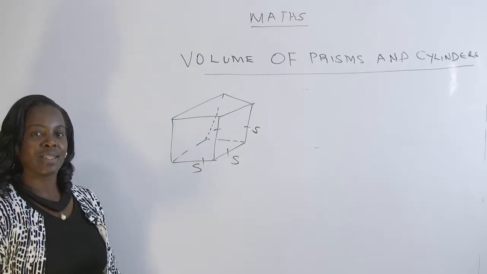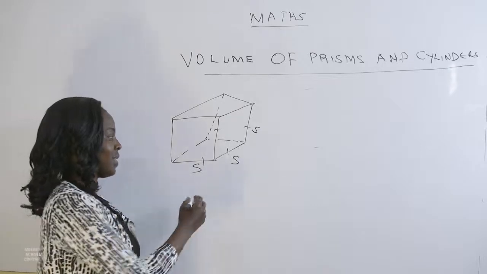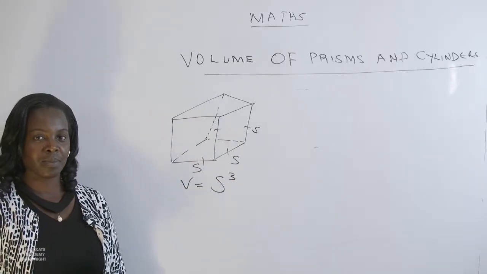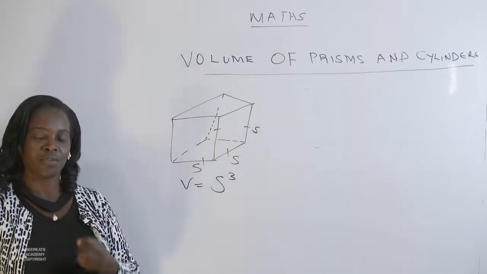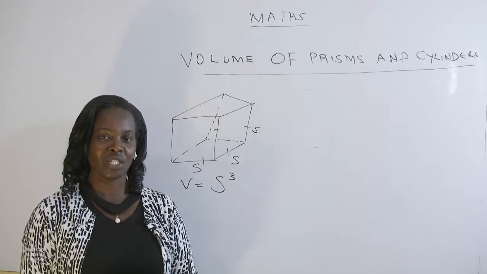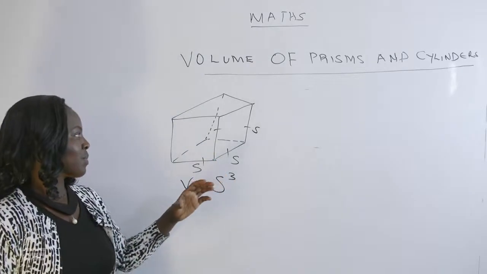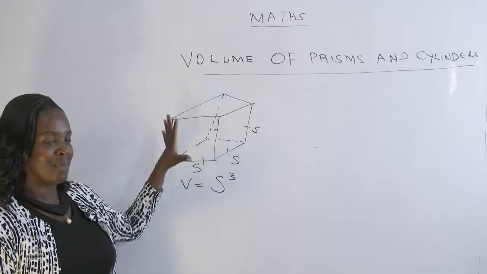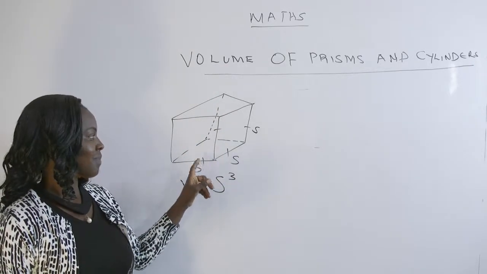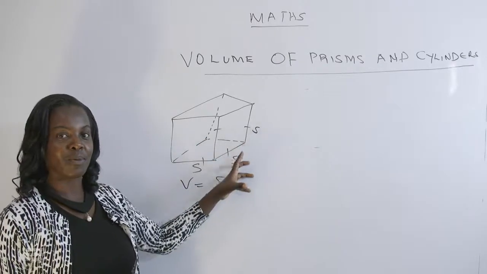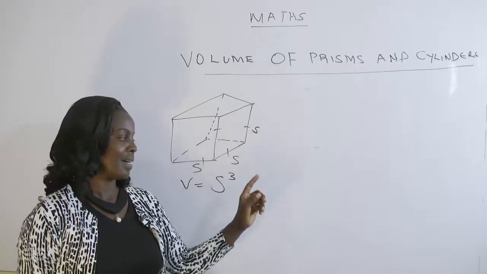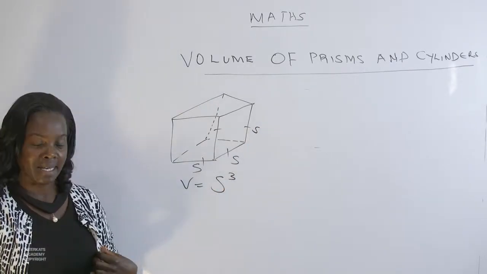To calculate the volume of a cube, we said S cubed. When you're talking about volume, you are looking at the space occupied by a three-dimensional object. So to get the space occupied by this object, whose length, base, and height are equal to each other, we multiply side by side by side, and that gives us side cubed.